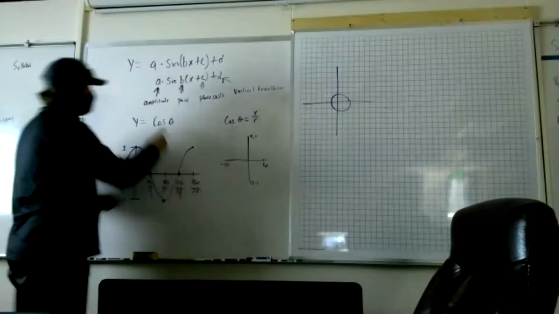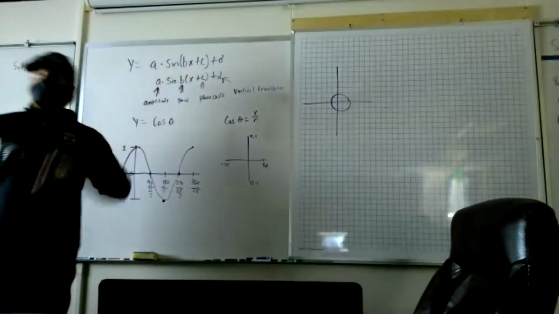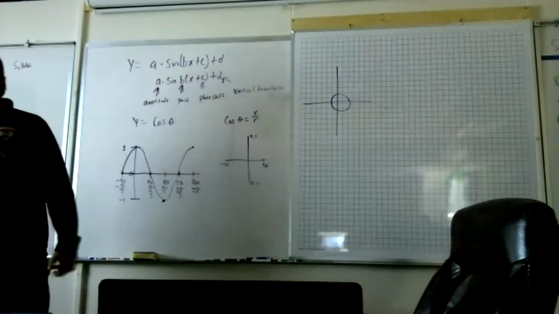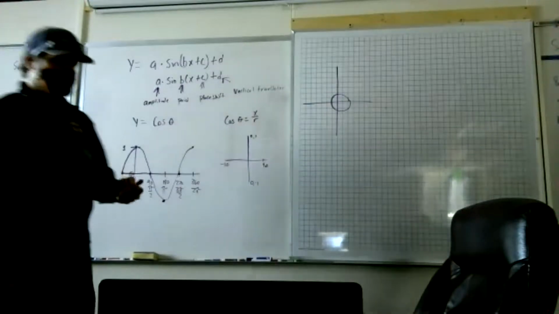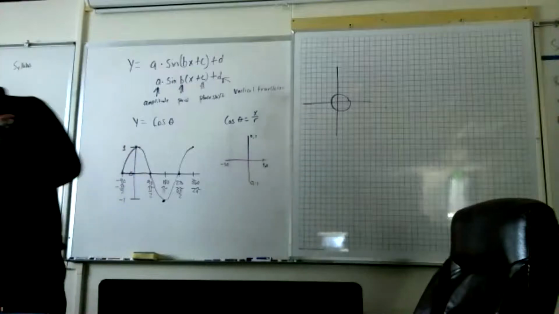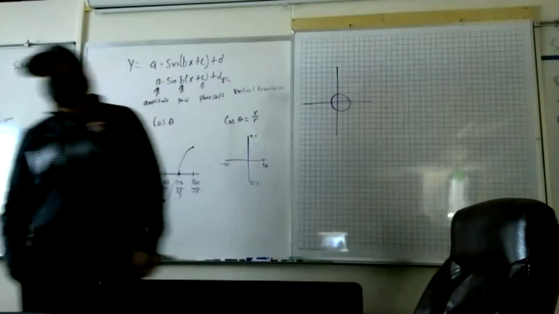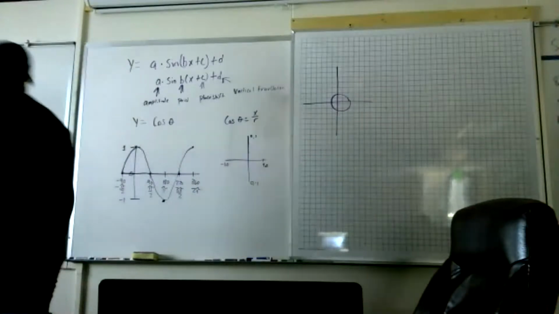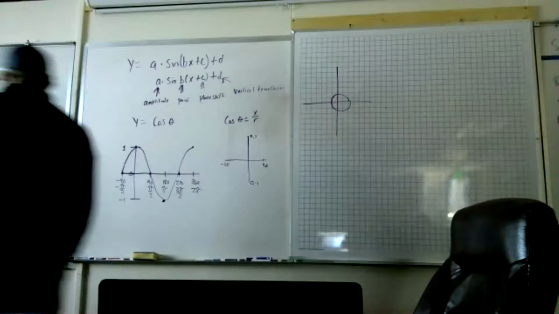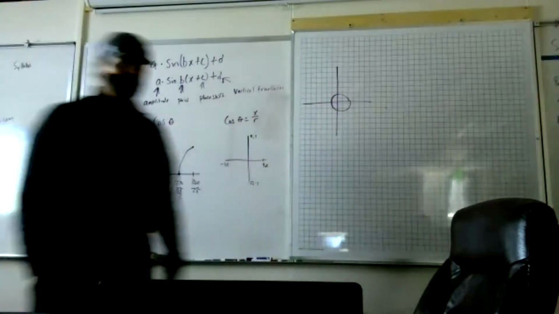The cosine and sine base functions complete 1 cycle per one period, therefore they have a frequency of 1 to 1. Sometimes they'll give it to you in what's known as hertz. Hertz is cycles per second. You'll see that your frequency is the reciprocal of the period, and I'll show you how to find that as well.